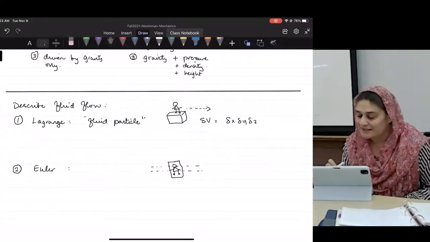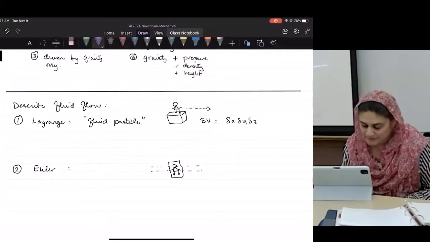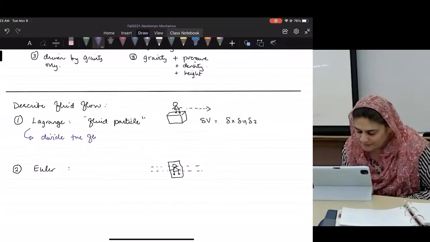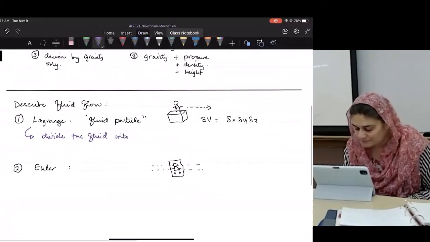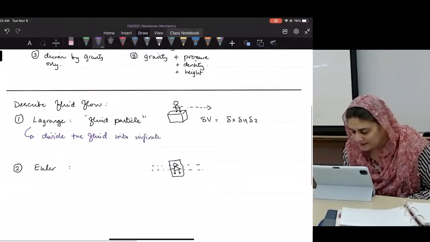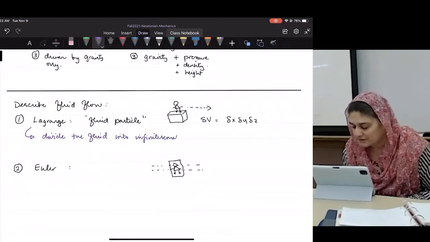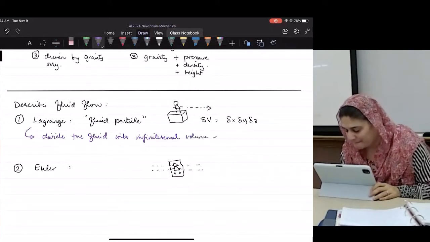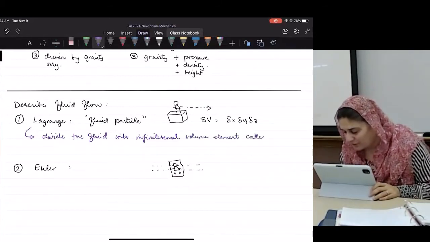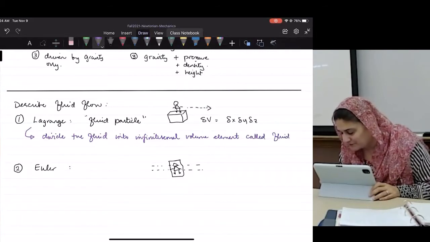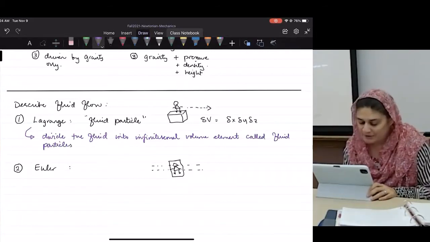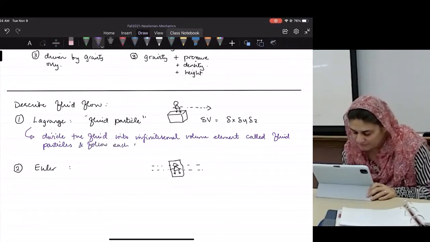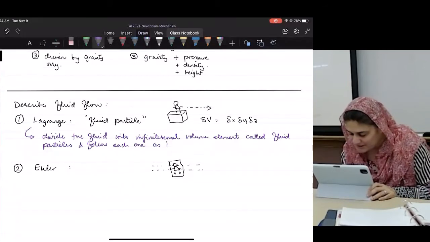So Lagrange's idea was to divide the fluid into infinitely tiny volume elements called fluid particles and follow each one as it flows.